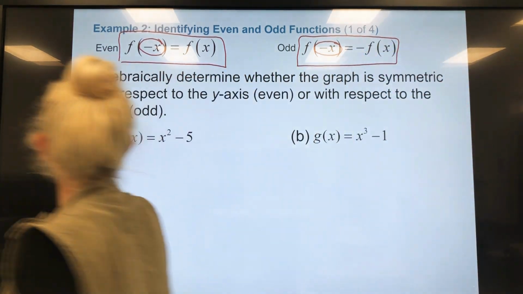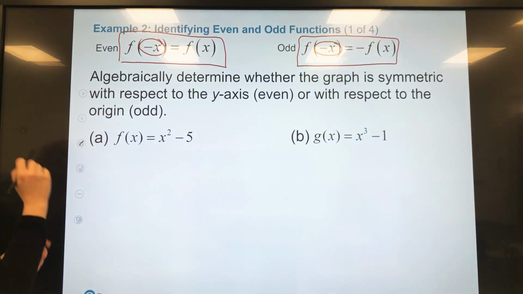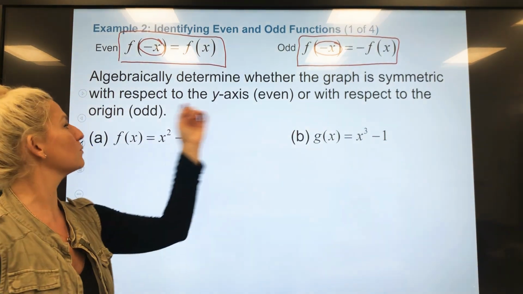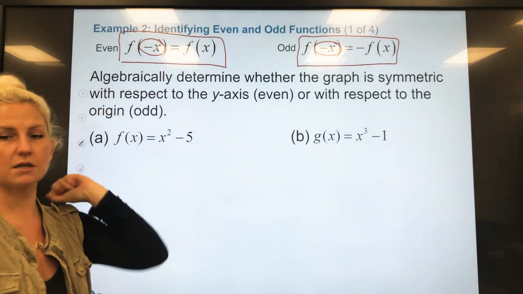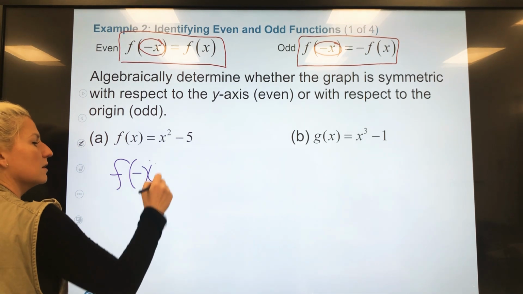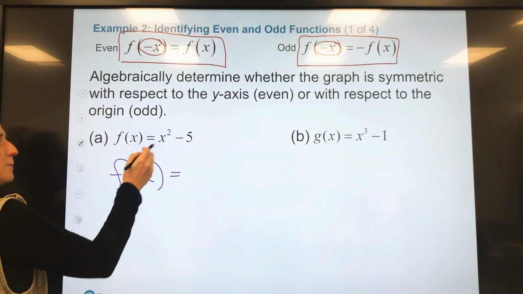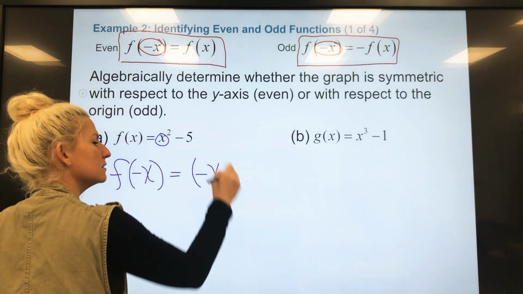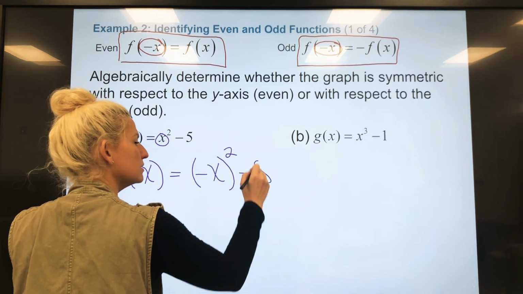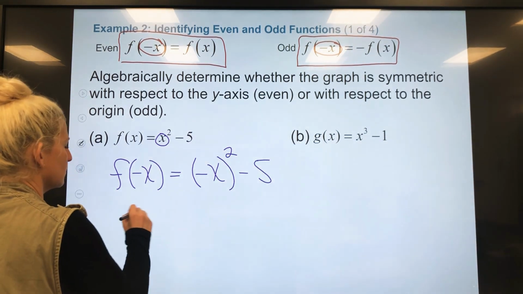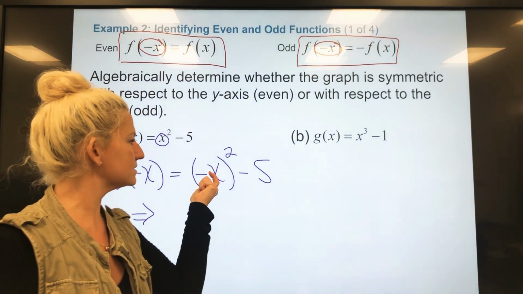All right, so let me show you here. Determine algebraically whether the graph is symmetric about the y-axis, which means even, or with respect to the origin, which means odd. So again, I'm going to start by putting a negative x instead of an x. I'm replacing this with negative x, and I'm going to rewrite it with a negative x. Use your parentheses. All right, so what is negative x squared?